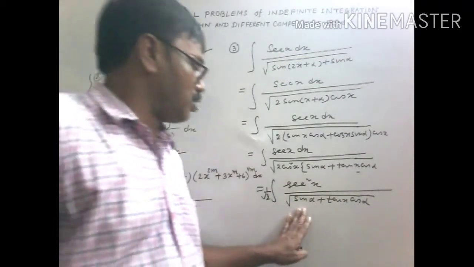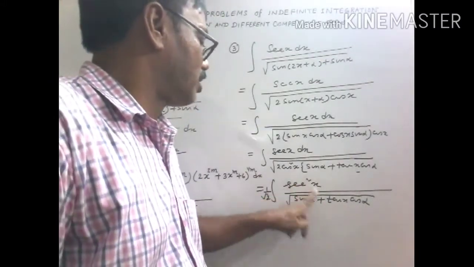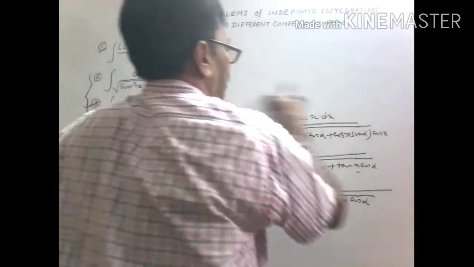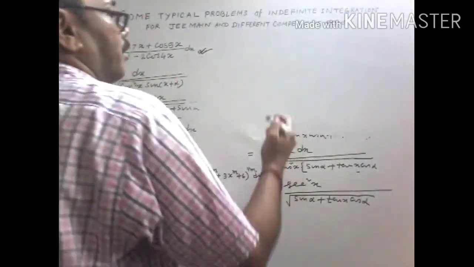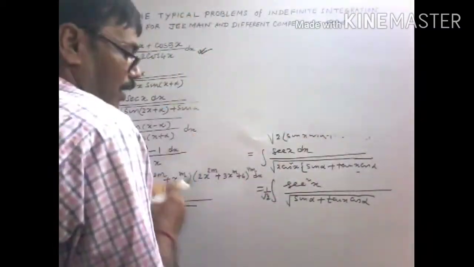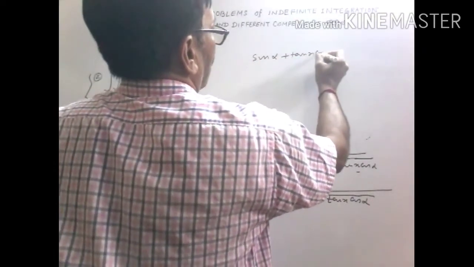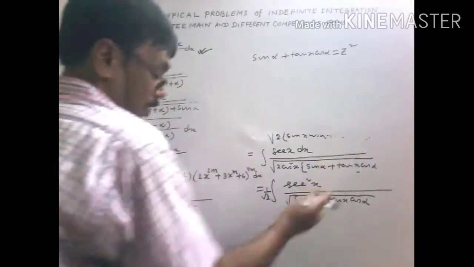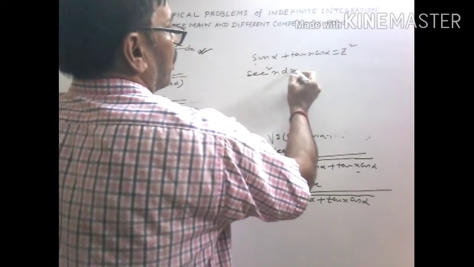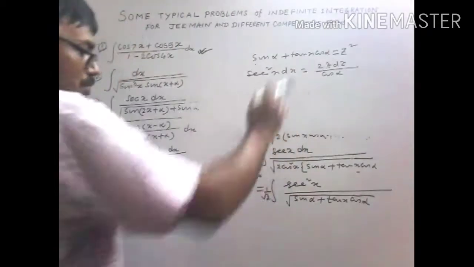Now look, sin alpha is constant and cos alpha is constant, so if we take this as z square, then we get sec square x. Our main aim is to put it in terms of a standard integral. So let sin alpha plus tan x cos alpha equal z square, within the root. This is constant, so sec square x dx equals 2z dz by cos alpha, omitting one step.